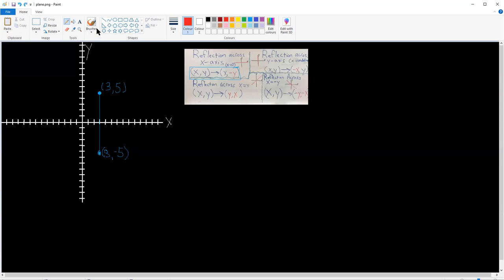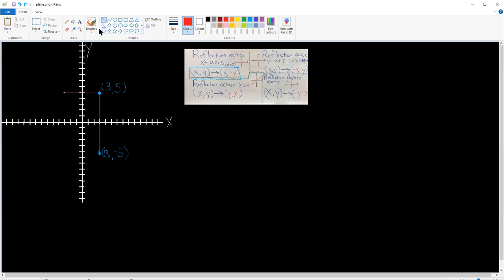I'll use the point button again. You can notice that it becomes (0, 5) at the midpoint. The 3 is changing, but the 5 hasn't changed. And now it's back out to 3, so it's (-3, 5).